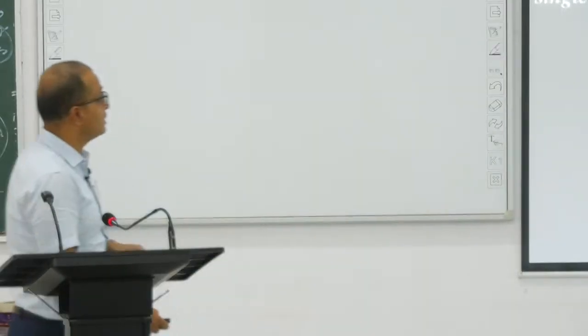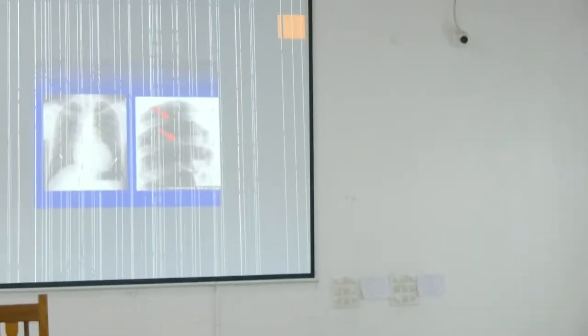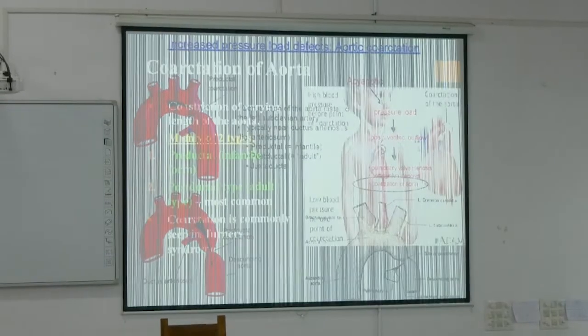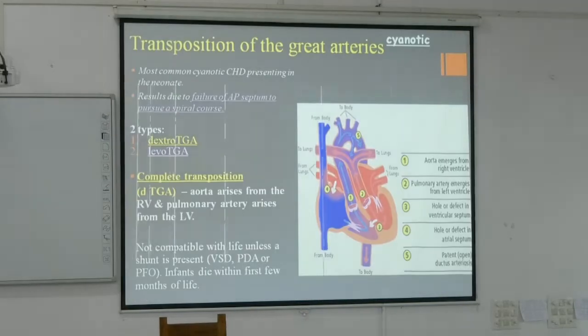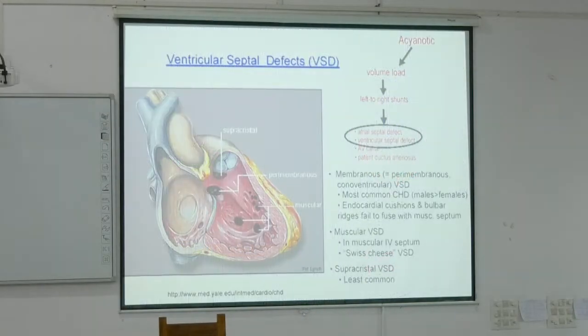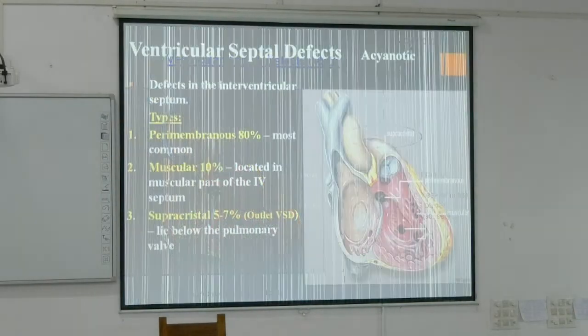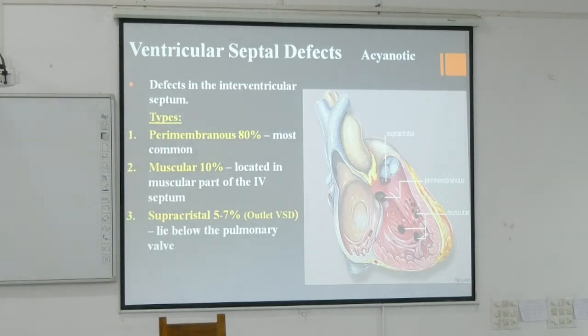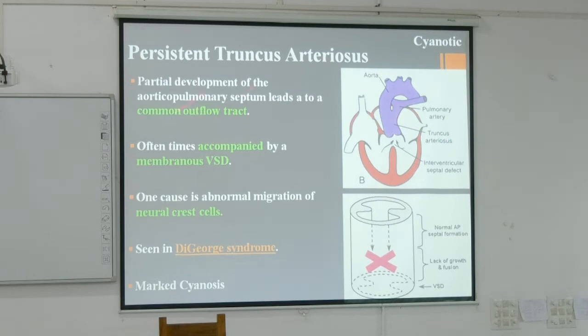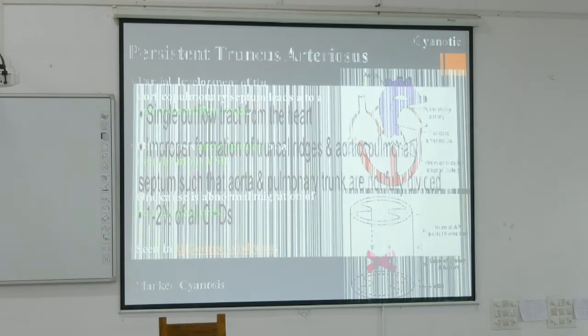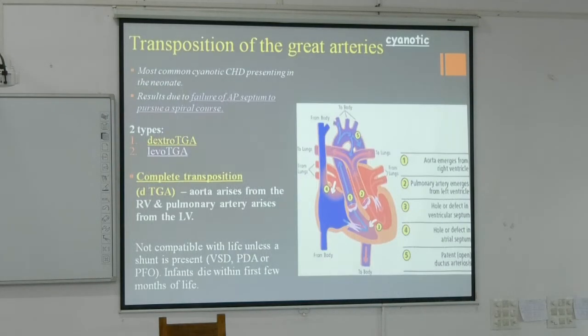We will emphasize the varieties of atrial septal defect and ventricular septal defect, how they are formed and what the consequences are, along with persistent truncus arteriosus and transposition of the great vessels.